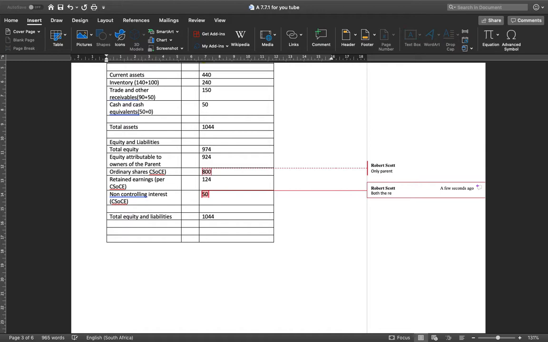But you can even think about how it's made up, because I don't have the analysis in front of me right now, but the NCI took a share of the acquisition equity of Sono, and then there was a movement at the beginning of the year, and then there was the current year. If you have a look down the NCI column in your analysis, you'll see that. Just see how the information is being used from the analysis. It's very important.